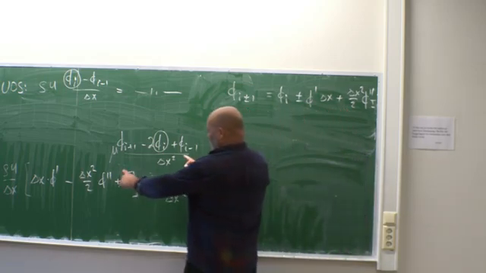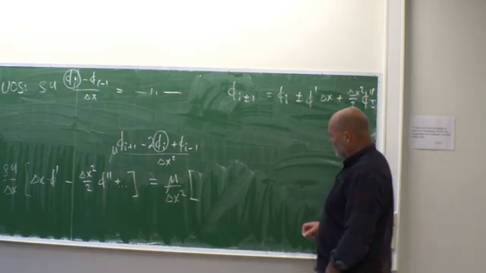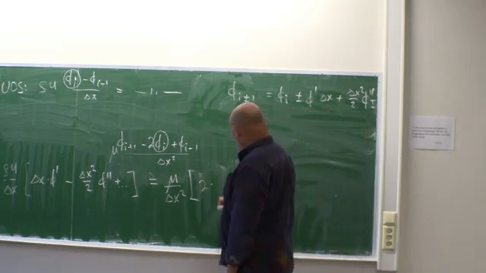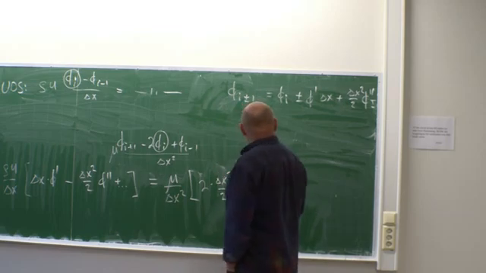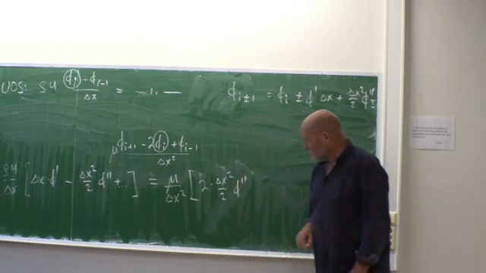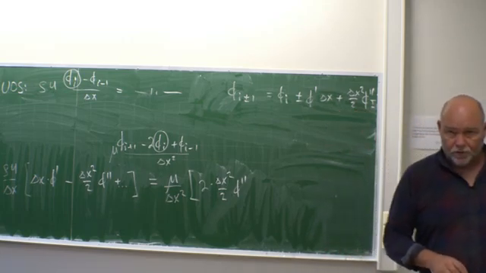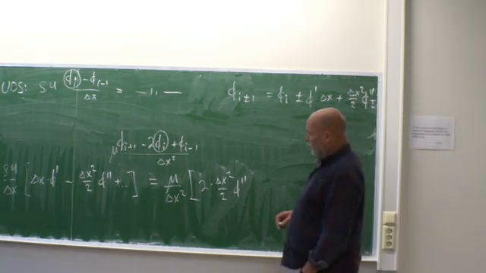I have plus both series, so I will have 2 times this guy, and then we will have something like delta x square half phi double derivative. The third order term is going to disappear. One is positive and one is negative.